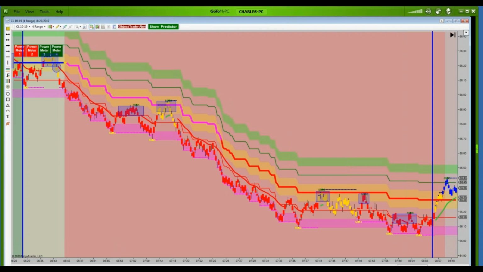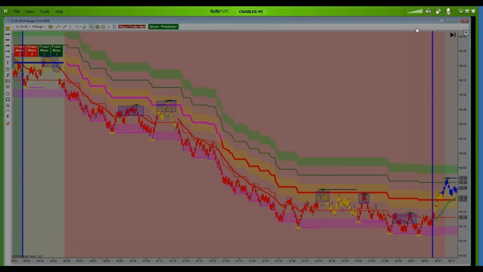No. I mean, technically speaking, they did close above grid stealth. Okay, I'll give you that. Did they wick, and barely within a tick or so close above line 2, band 2? Yes. But I think everybody would agree there's really not a lot of meat on the bone right there.